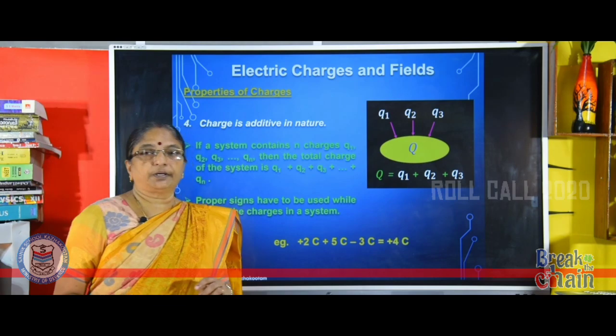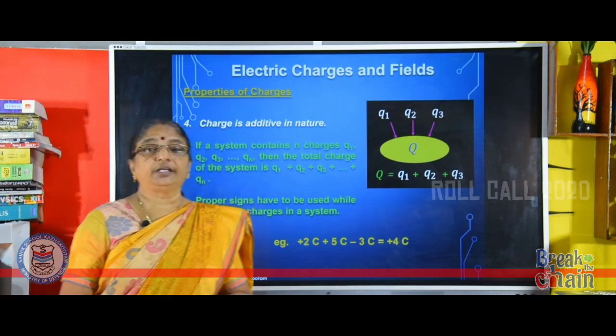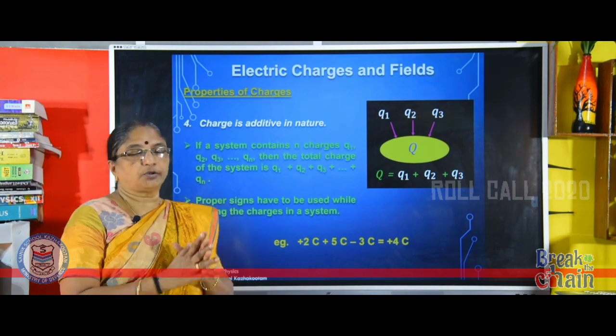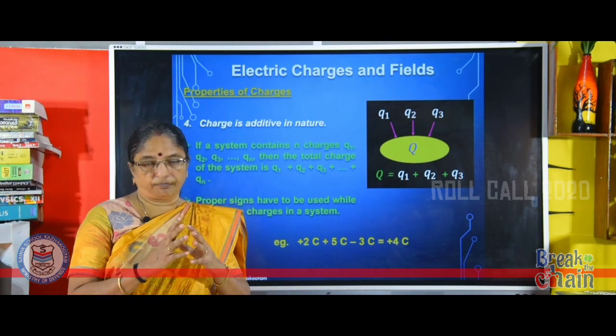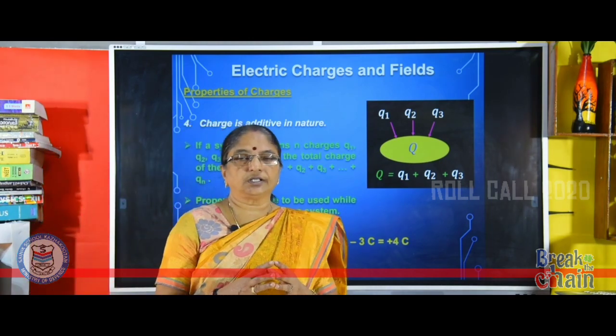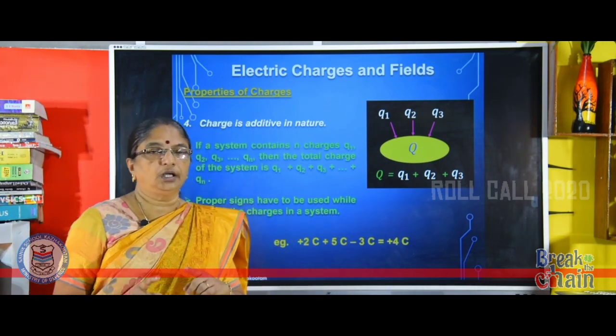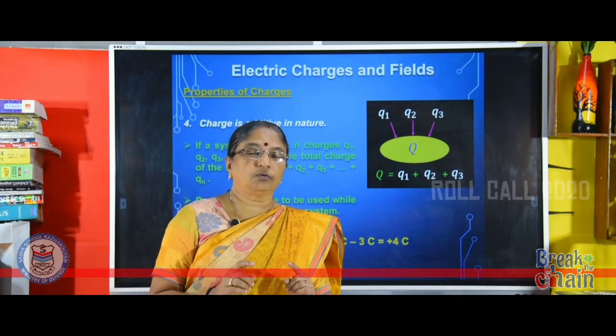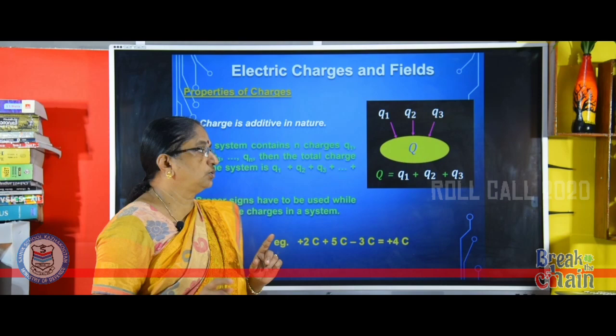Next, let us see the next property: charge is additive in nature. Additive means if capital Q is the total amount of charge on a body and it is comprised of three charges Q1, Q2 and Q3, the total charge on the body Q is equal to Q1 plus Q2 plus Q3.